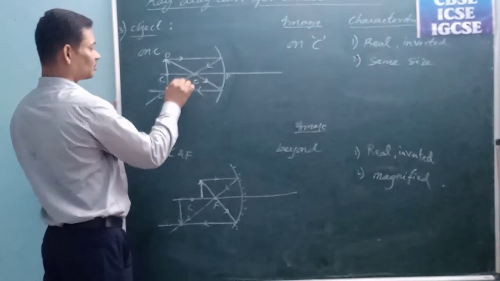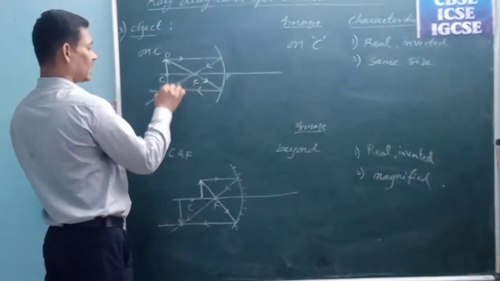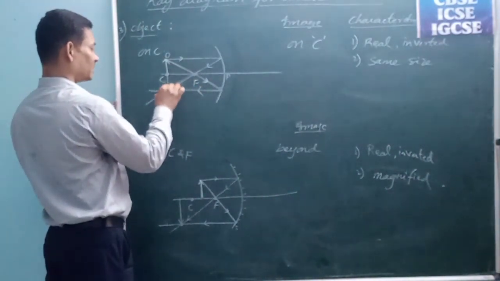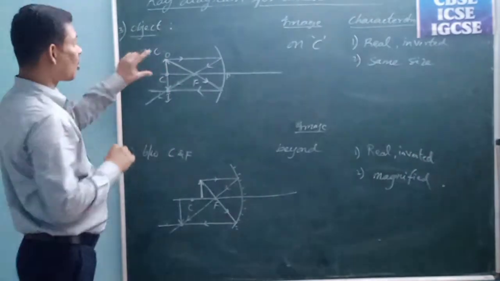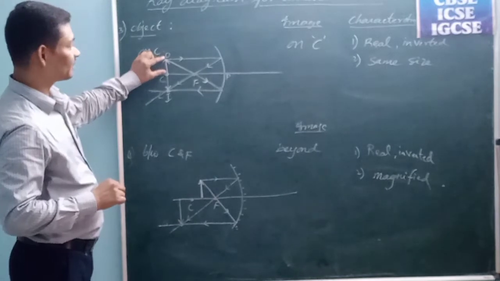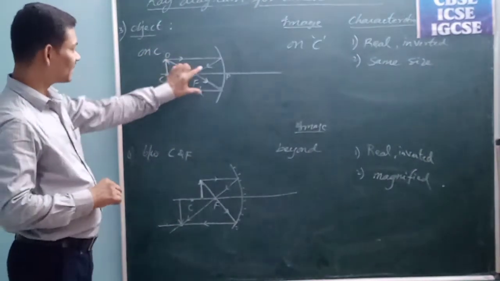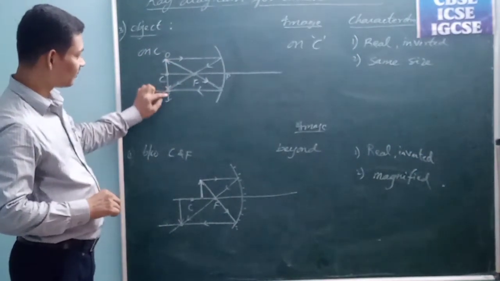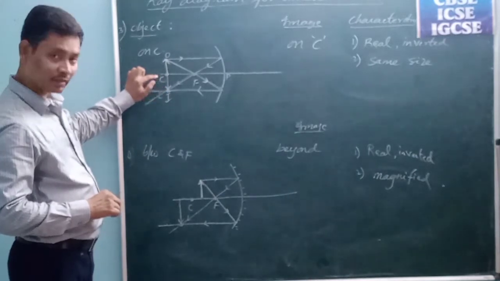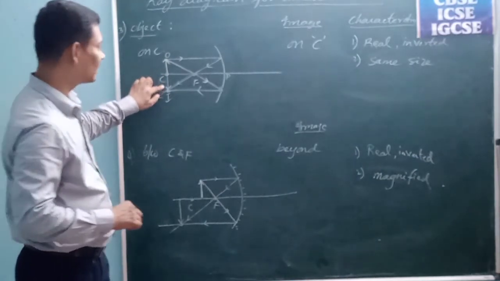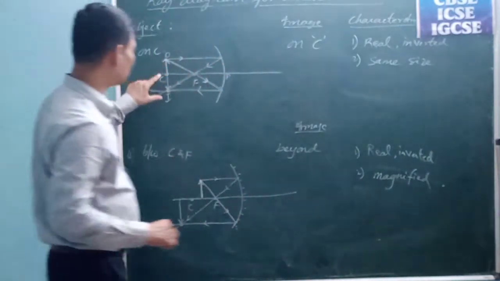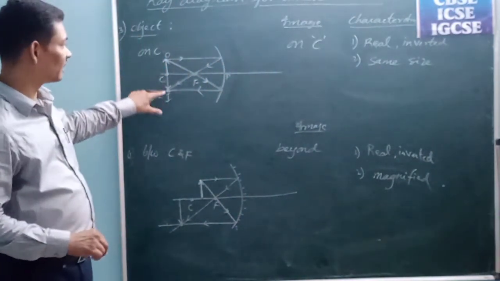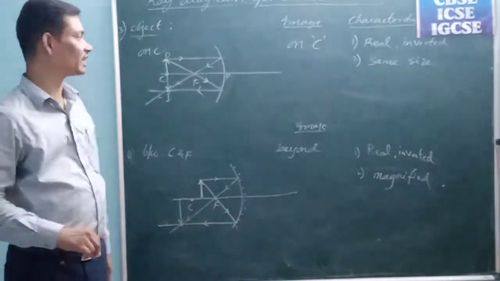So here these two reflected rays are meeting at this point, and this point is exactly below C. Here the image is formed. The object is exactly on C. The reflected rays are meeting here. If I join it, the image is also falling exactly on C. Here in this case we have got the image real, inverted and same size.